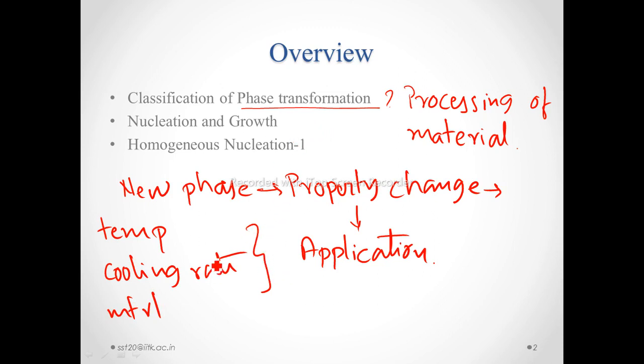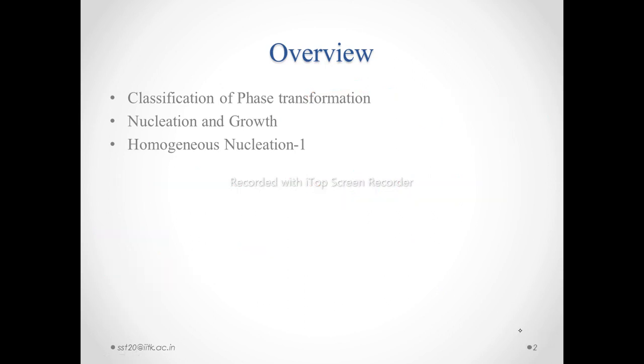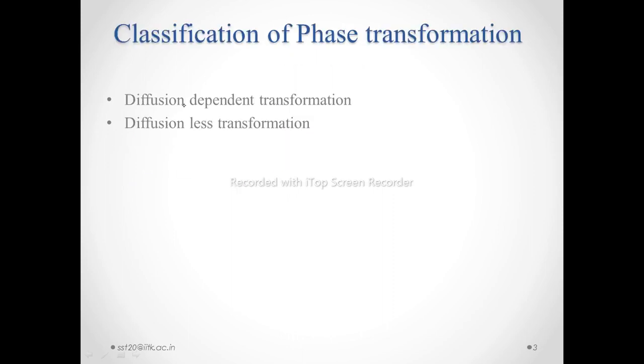So we can study all these things under this topic. Hence the study of phase transformation plays a vital role in material science. Next is nucleation and growth, and after this homogeneous nucleation. First of all, we are jumping into the classification of phase transformation.